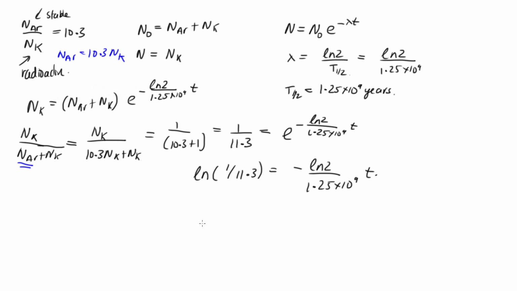And when you do enter that into the calculator, you get minus 2.4248 is equal to minus log 2 over 1.25 times 10 to the 9 t. And so the negative signs here cancel out, and just rearranging this, we end up with t is equal to 4.37 times 10 to the 9 years.